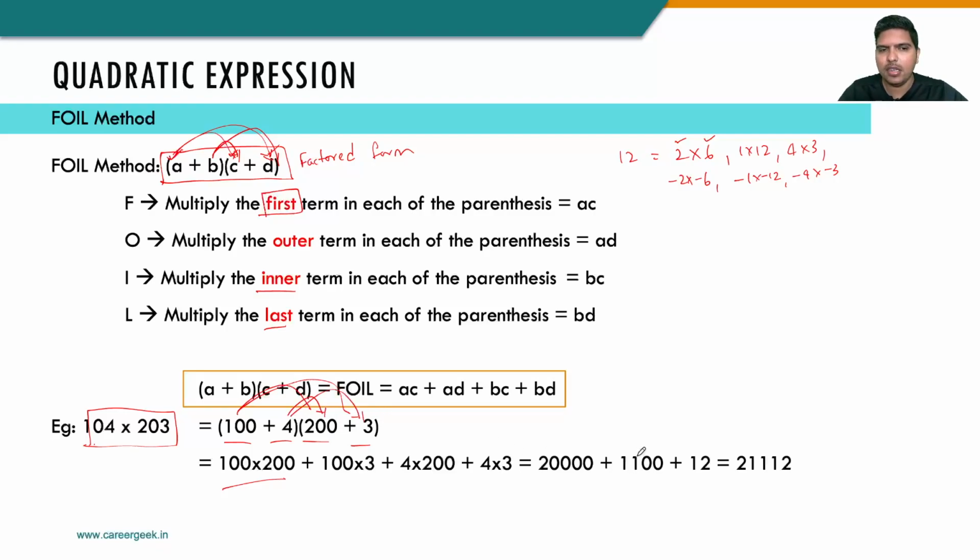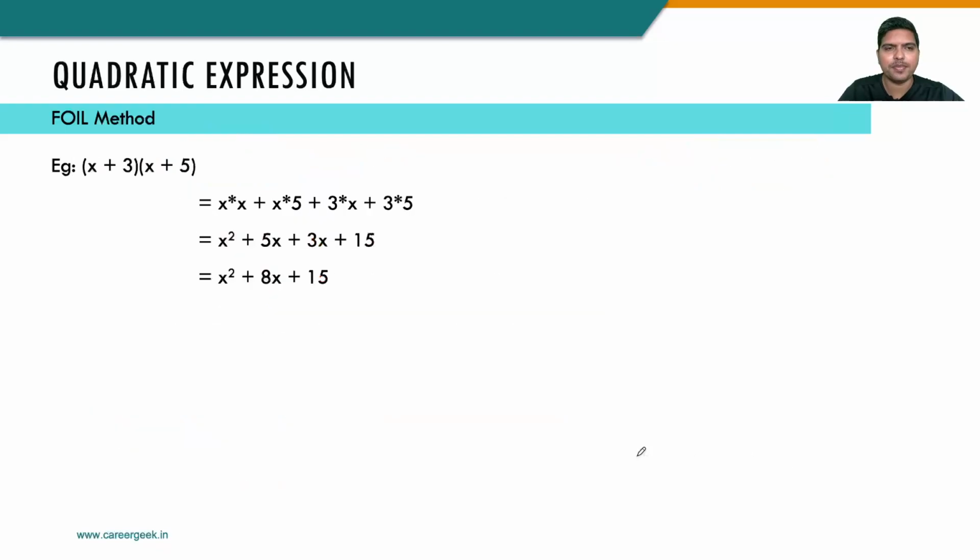Okay, this is a way of remembering. If you are not comfortable or you have not solved this before, use this. If you have solved this before, you follow your own method. If you know one, no issue at all.